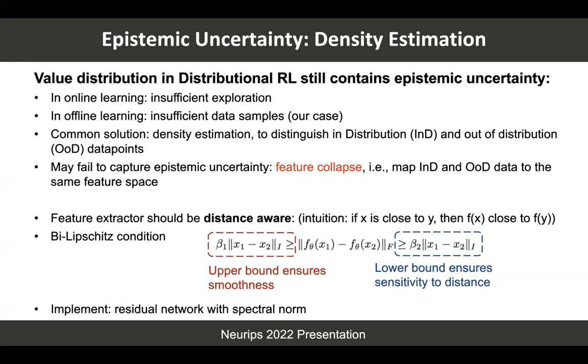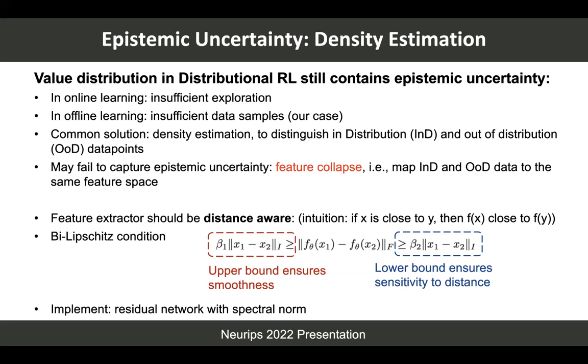In online learning, the goal of the agent is to interact with the environment and learn a good policy. So if the exploration is insufficient, then the value distribution would contain a high epistemic uncertainty. And in the offline setting, like in our case, we only have a data set, and we don't know if the data set is sufficient.